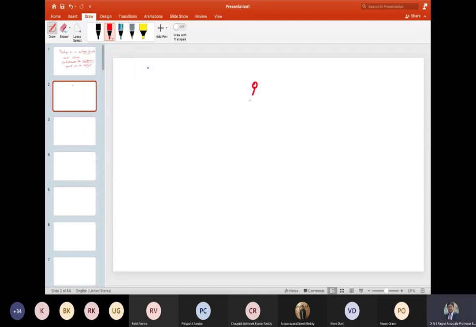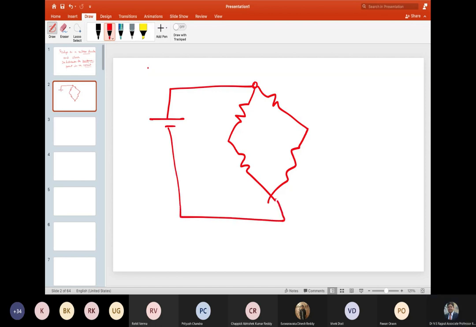So this was the basis to start with, that we have a Wheatstone bridge connected through a voltage source E like this. So we find that R1, R2, R3, R4.